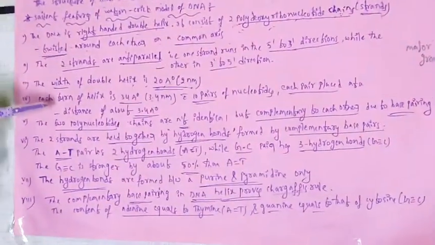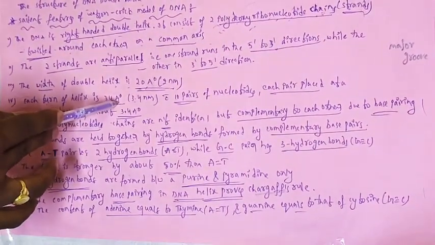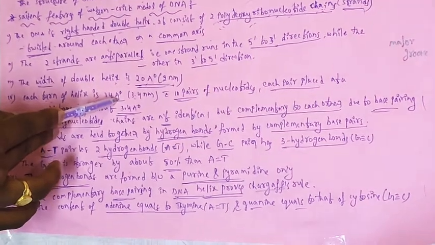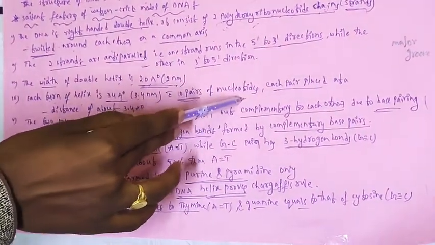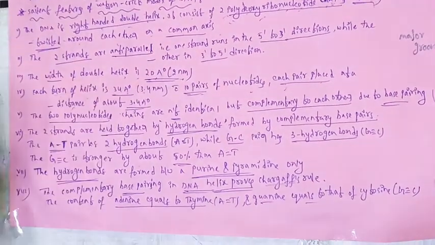Next, each turn of the helix is 34 angstroms or 3.4 nanometers, with 10 pairs of nucleotides, each pair placed at a distance of about 3.4 angstroms.